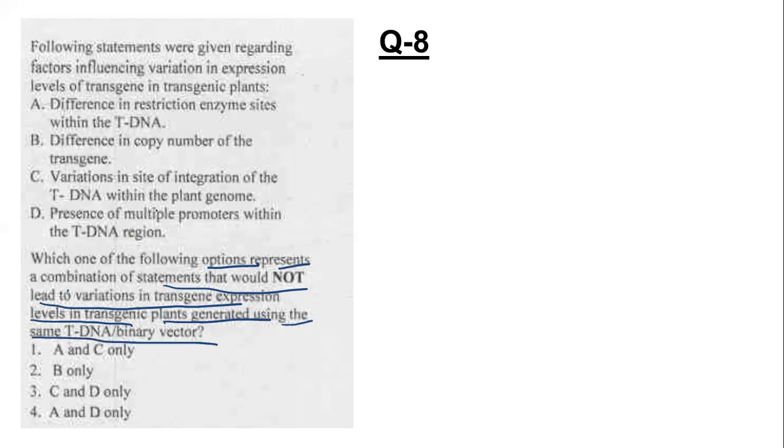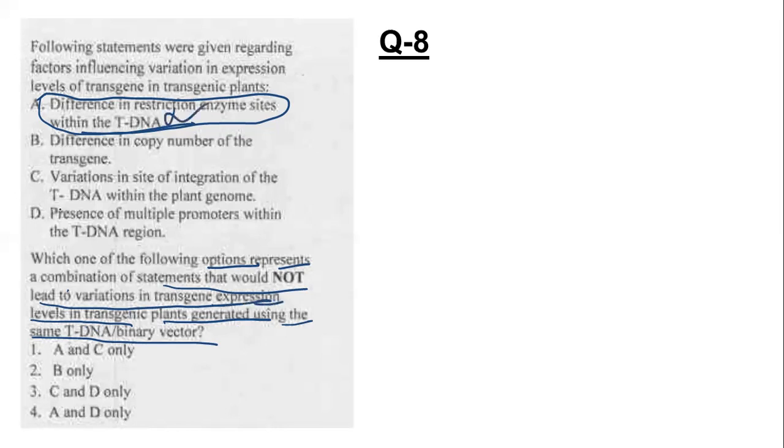So this is question number 8. First, difference in restriction enzyme site within the T-DNA. Here there is no involvement of restriction enzyme, so if there is a difference in restriction enzyme site within the T-DNA, there is no change in the transgene expression level.